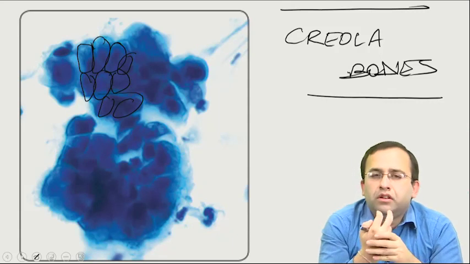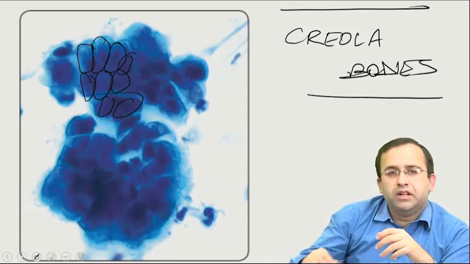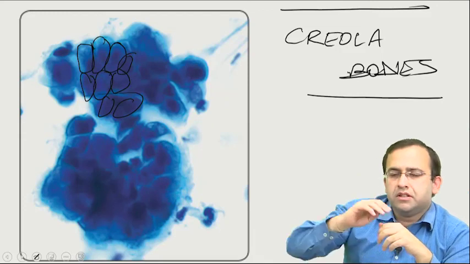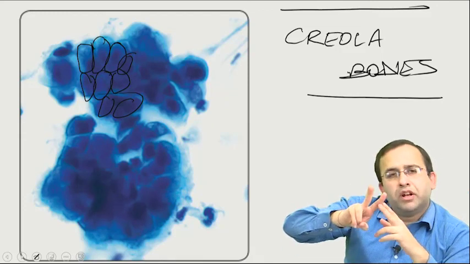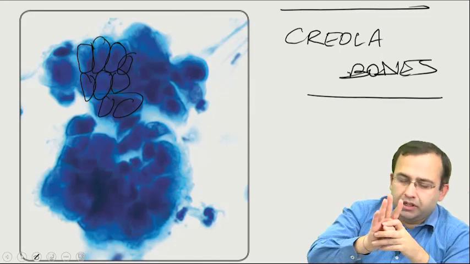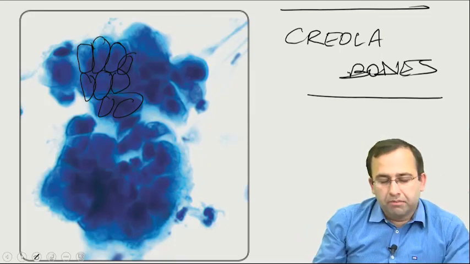So let's have a quick recap. We finished obstructive lung diseases, 4 types: emphysema, chronic bronchitis, asthma, and bronchiectasis, along with their microscopies.